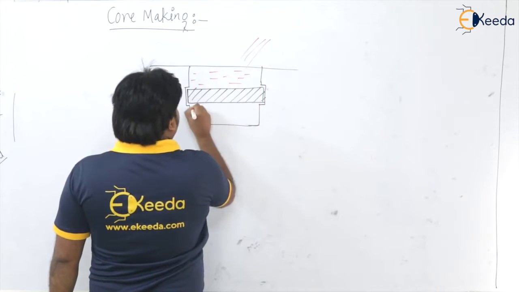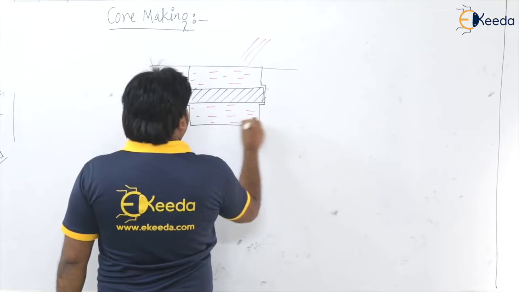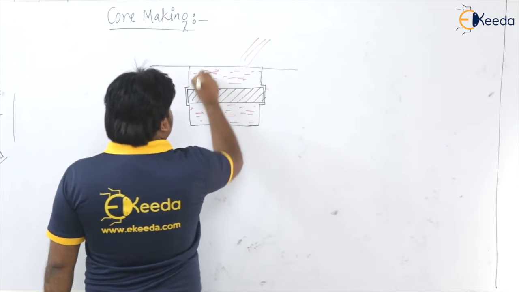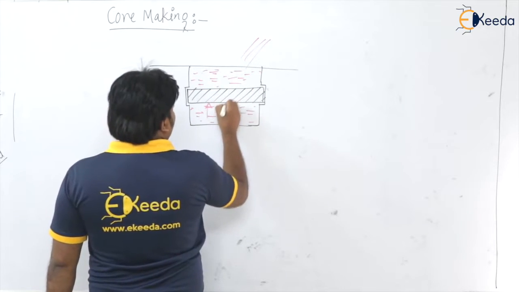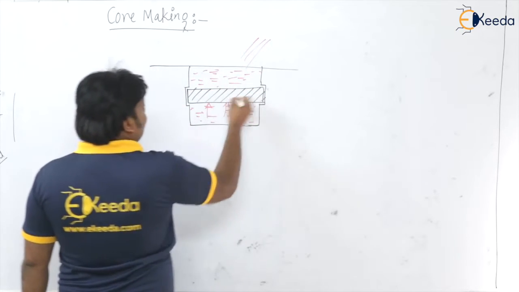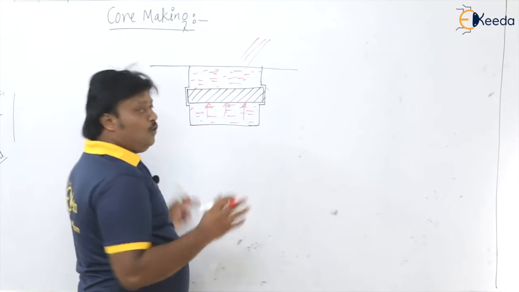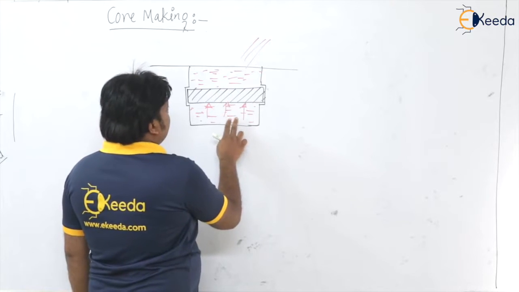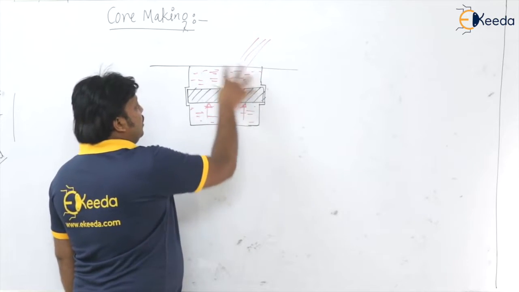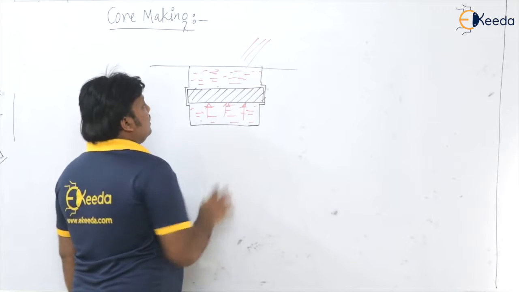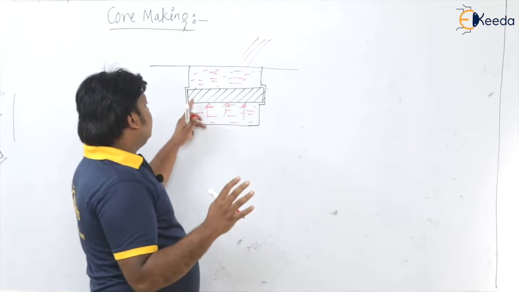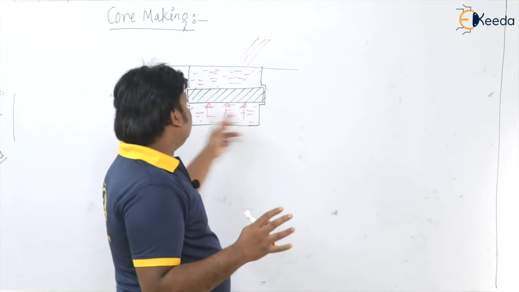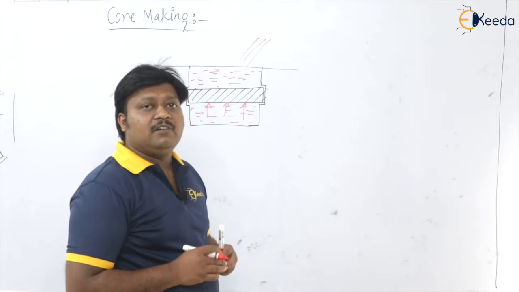Because of this molten metal, there are chances of buoyancy forces acting on this core. The core should easily withstand these buoyancy forces given by the molten material, and that is the reason why the core material should have sufficient strength.